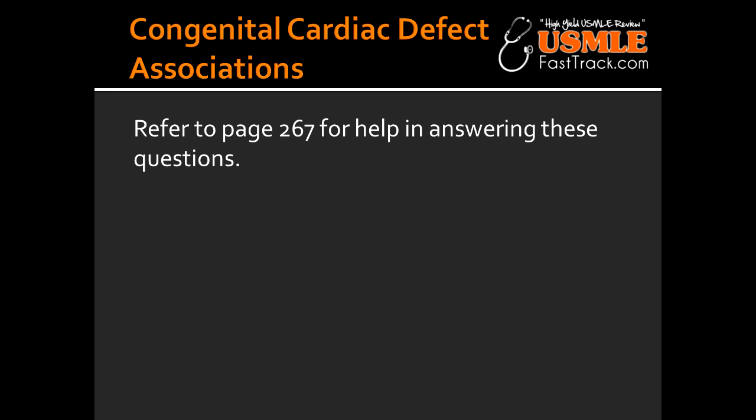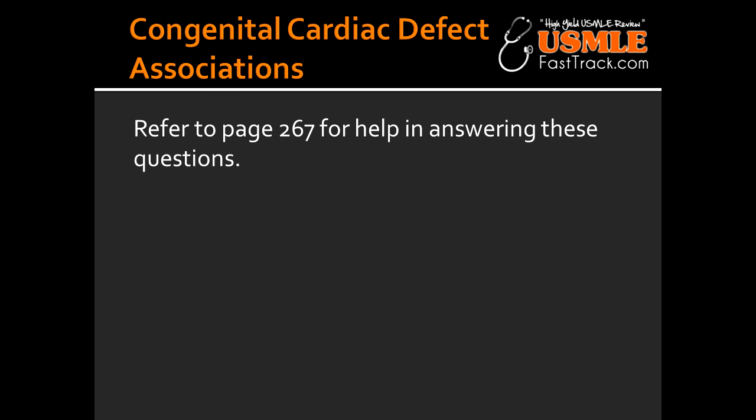Congenital cardiac defect associations. What are some of the congenital cardiac defects associated with 22q11 syndrome? Some of the congenital cardiac defects associated with 22q11 syndrome include truncus arteriosus and Tetralogy of Fallot. What are some of the congenital cardiac defects associated with Down syndrome?